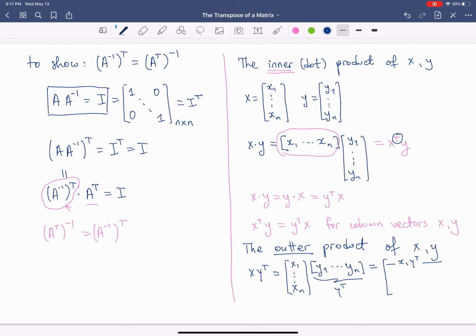Remember, x1 is just a number. So what we get is a multiple of the vector y transpose, or the vector y written as a row. Then we have x2 times y transpose all the way to xn times y transpose. And this matrix is a matrix of rank 1.